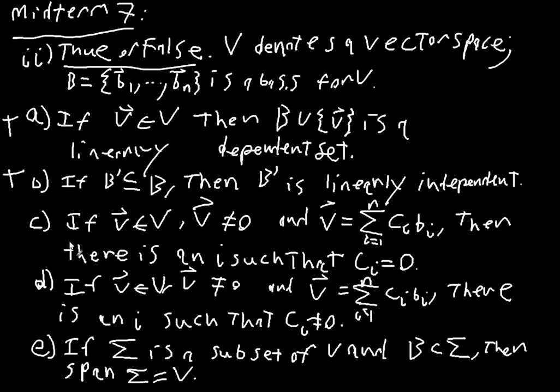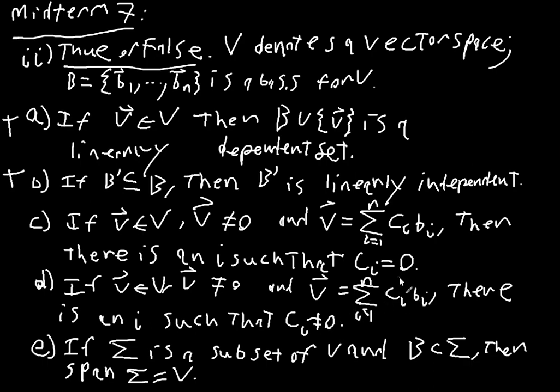So the next one is that if I have some vector and it's not equal to 0, and I write it out as a linear combination of the elements of my basis, then there's an i such that ci equals 0. This isn't necessarily true.